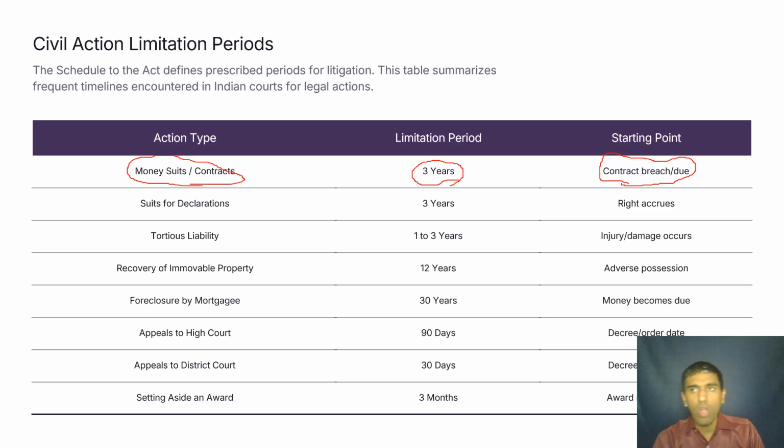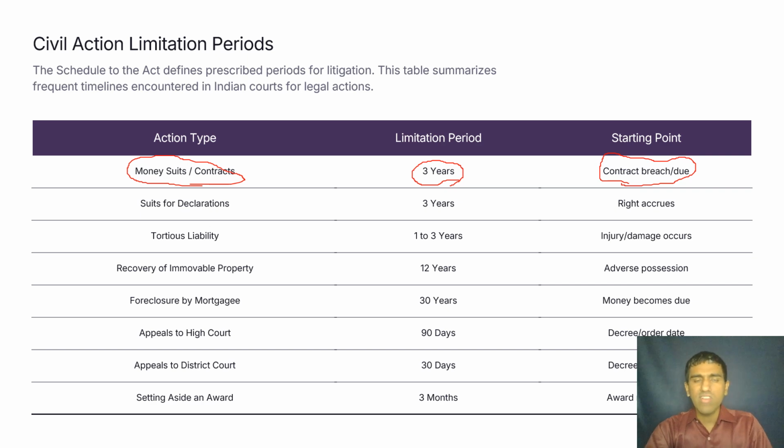When it comes to loans or dues or debts, it is the day from which a specific amount became due. Let's say if it is a periodic loan, then the date from which the first installment became due, or interest became due, and so on. Essentially, the date from which the dues first started accruing.